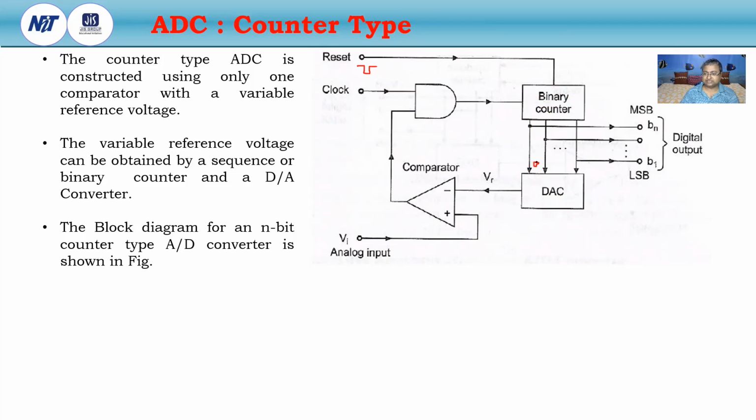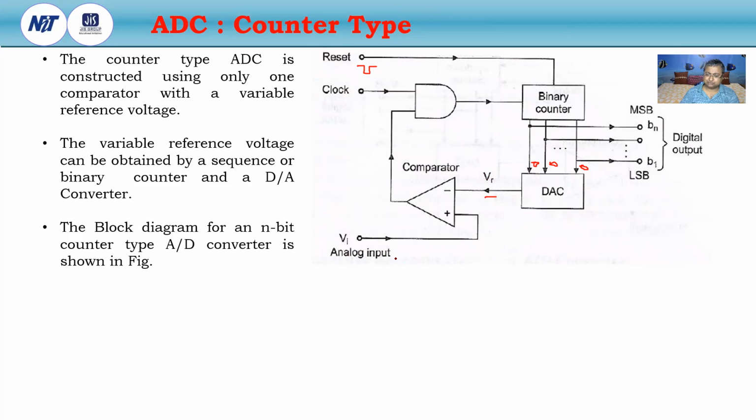Then we get 0, 0, 0 as the input of the DAC, and we get the corresponding analog voltage VR. Now the input voltage is compared with this reference voltage.